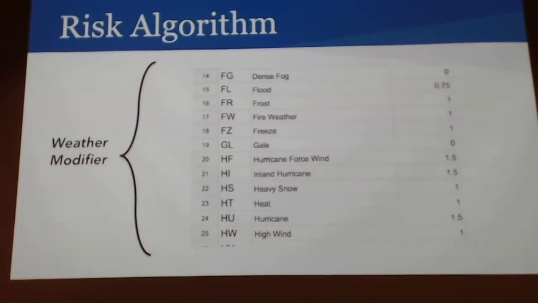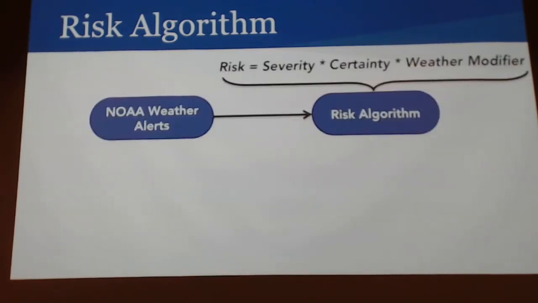And we also have the weather modifiers. In order to associate numbers with those, we took 15 years of weather data and 15 years of power outage data. And in correlating the two, we found out what type of weather was more likely to cause a power outage. As you can see, hurricanes have a higher number versus something like a flood. So given those 3 things, we plug them into our risk algorithm, those 3 numbers, we multiply them, and that gives us a risk for a specific alert.